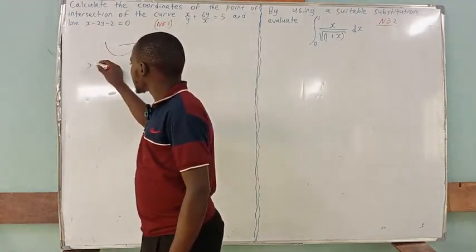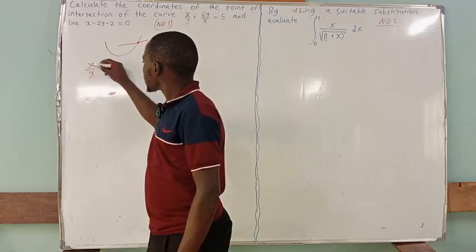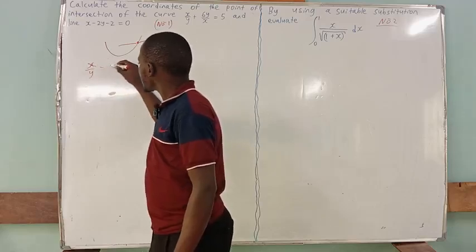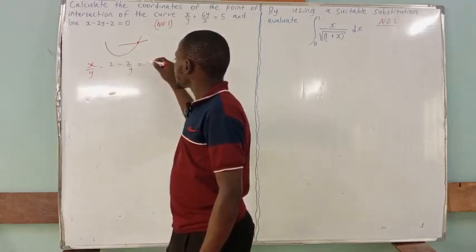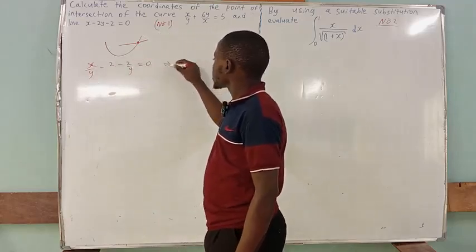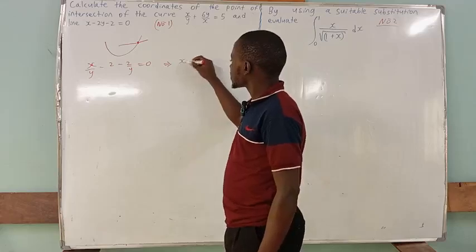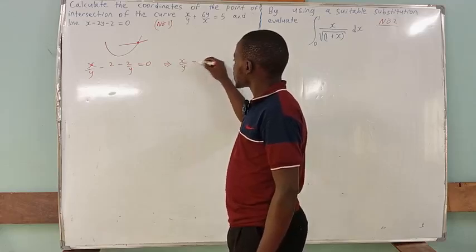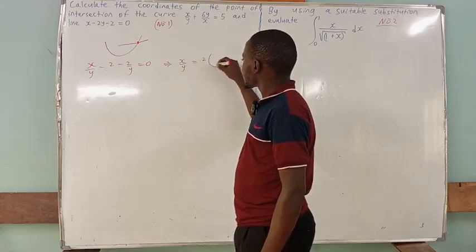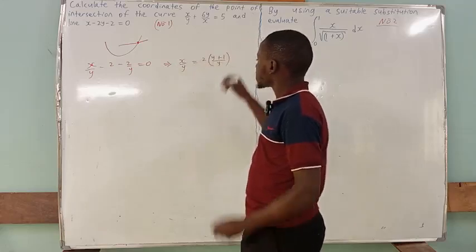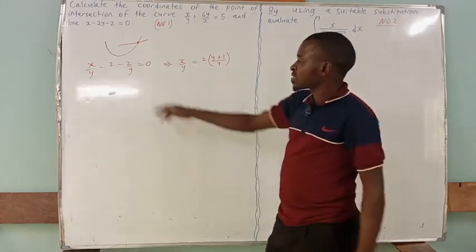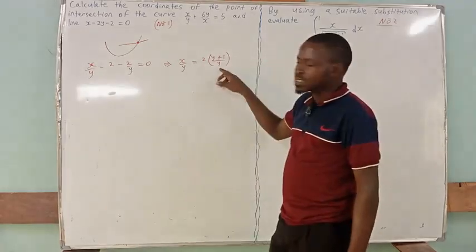I get x over y minus 2 over y is equal to 0. This implies that x over y is the same as 2 into y plus 1 over y. After making x over y the subject, I get this.